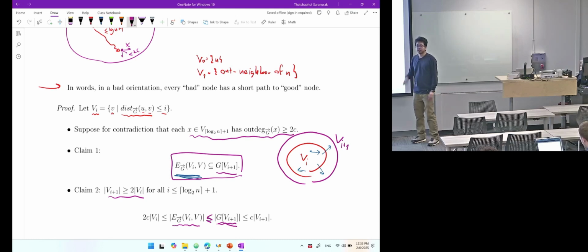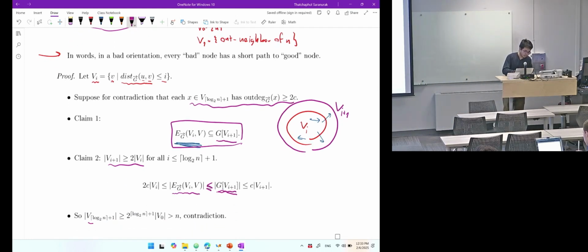Make sense? And now you get a contradiction. Why is that? Because when you increment i by 1, the size doubles. But now you're going to double log n plus 1 times. That means the size of V_{log n + 1} is like 2 to the log n plus 1.